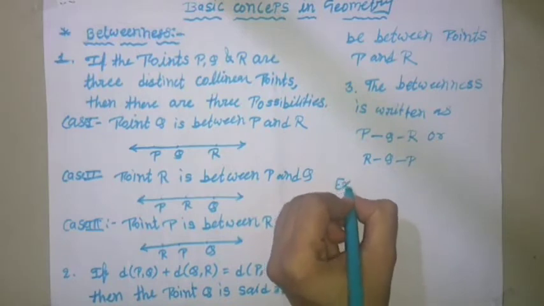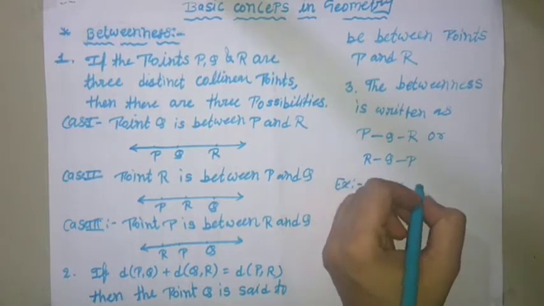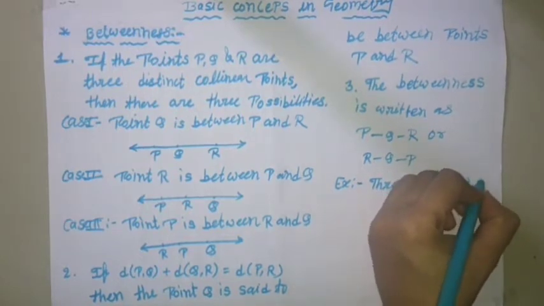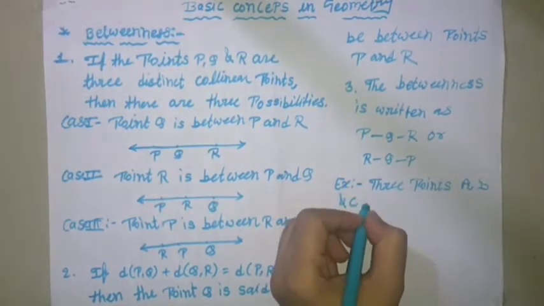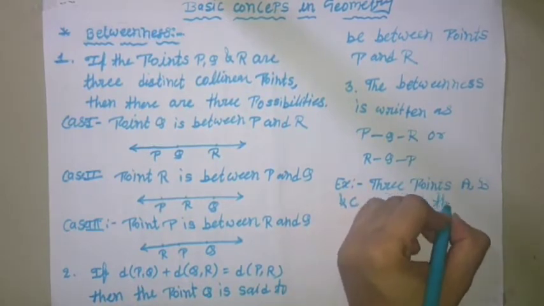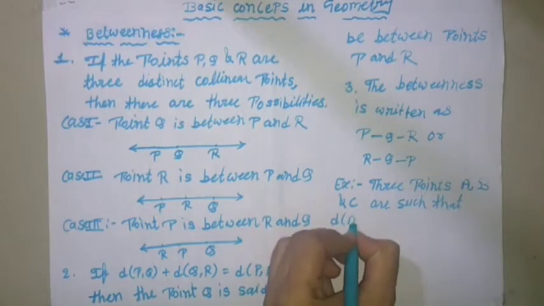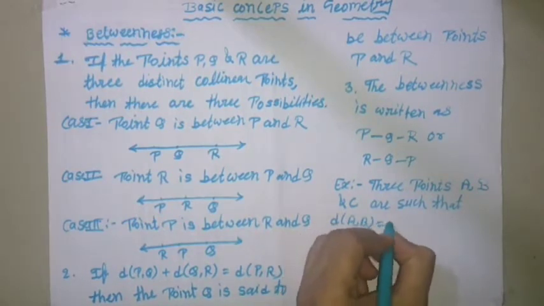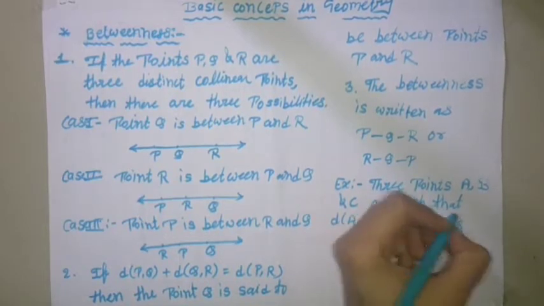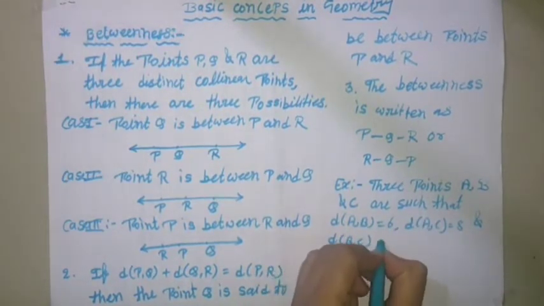For example, three points A, B and C are such that distance of AB equal to 6, distance of AC equal to 8 and distance of BC equal to 14.